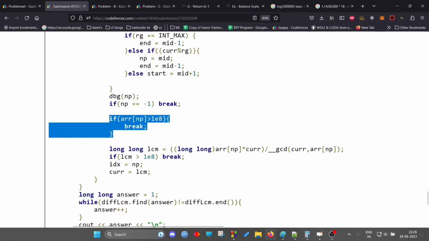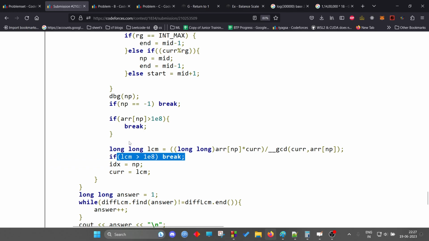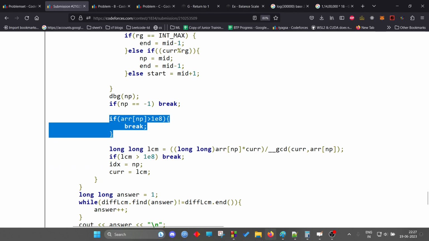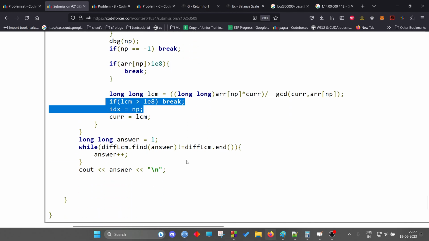This is another check, because I'm not sure if this is needed, but I just checked if the array value at index j, or np as I've called it here, is greater than 1e8, then that means the LCM would also be greater than 1e8, and then we can just stop. We don't need to search further.